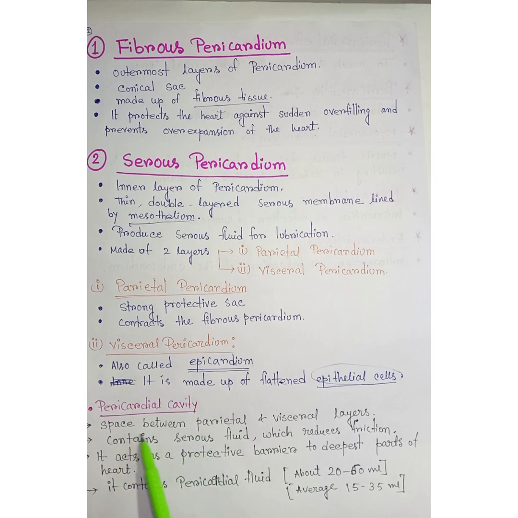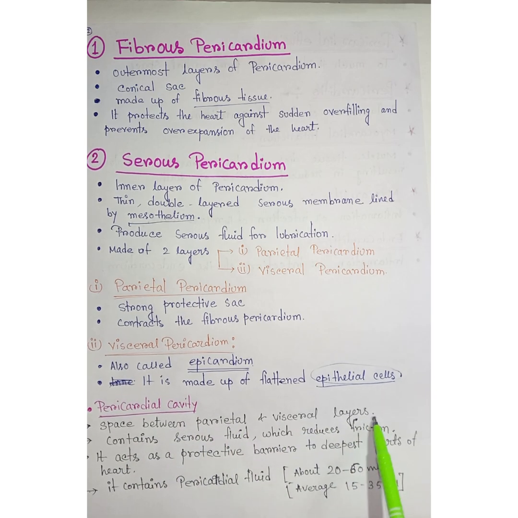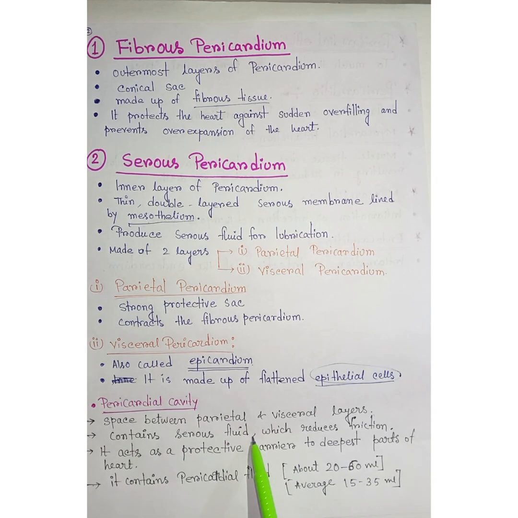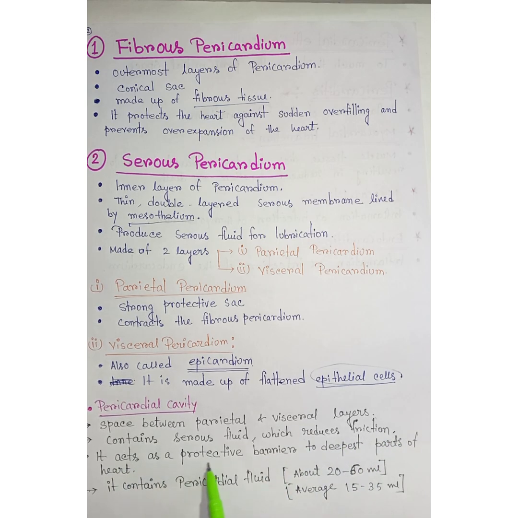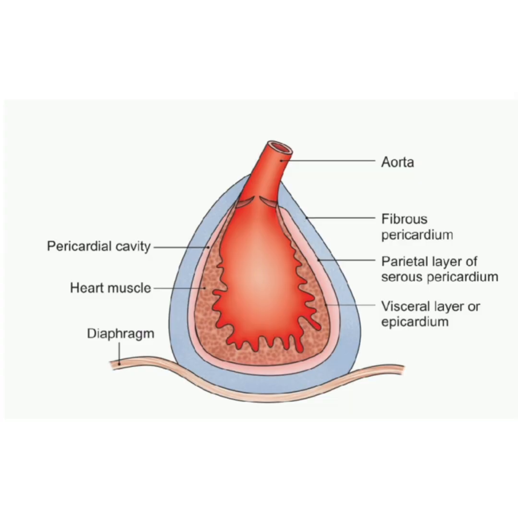Pericardial cavity. The space between the parietal and visceral layers contains serous fluid which reduces friction. It acts as a protective barrier to the delicate parts of the heart and contains pericardial fluid, about 20 to 60 ml. So here you see a picture of the pericardium.